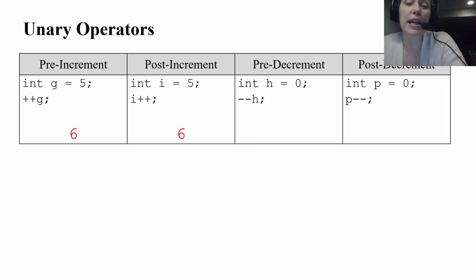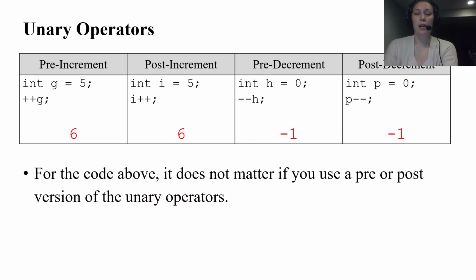Same thing with the pre-decrement. Minus minus h means you take 0 and subtract 1, so you'll get a negative 1. And then post-decrement, same thing. p minus minus, you take 0, subtract 1, you get negative 1. For the code above, it does not matter if you use pre or post.